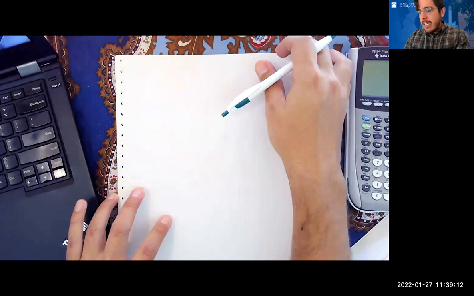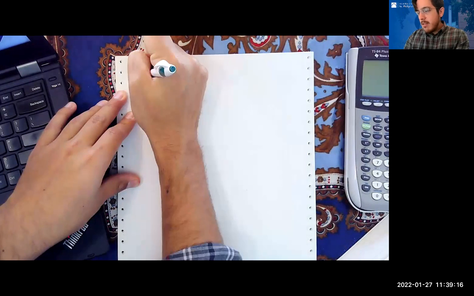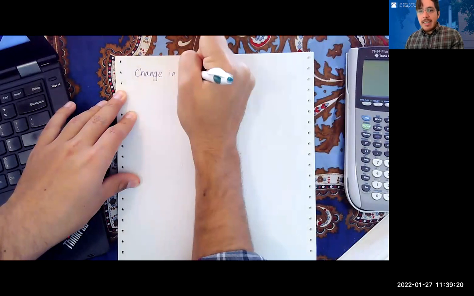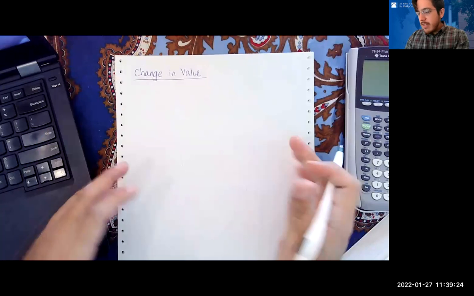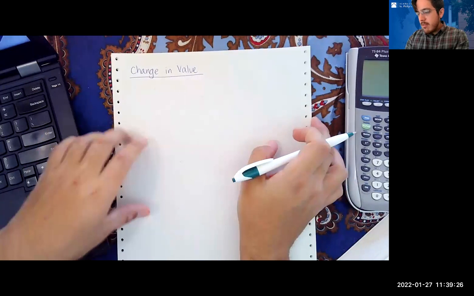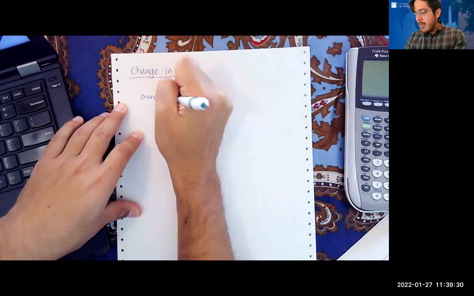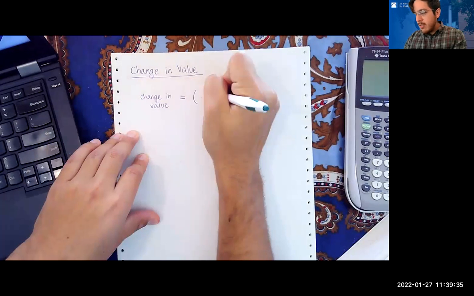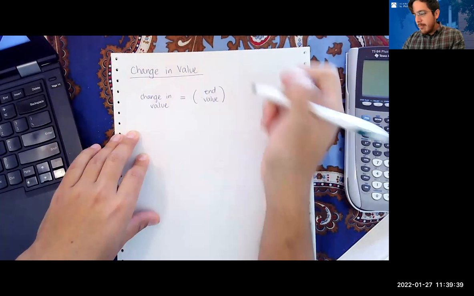So to find the change in value between two numbers, I'm going to give you a formula that we will use to guide us in solving these word problems. The change in value is equal to the end value, so that is the value that we end with, minus the beginning value.